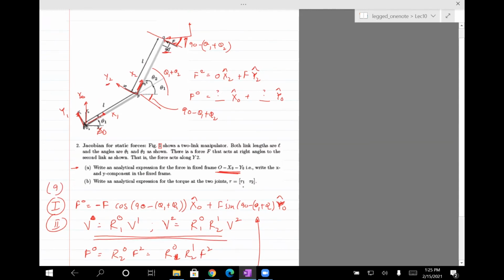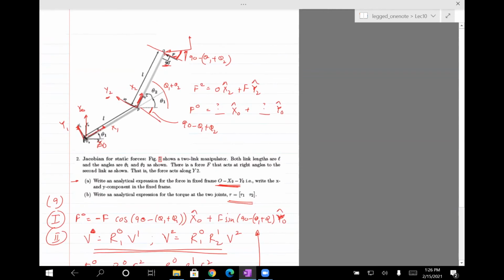Part B is asking for torques, which you can do, as you noted, by using a free body diagram. So torque 1 is going to be the vector r from O all the way to Q, crossed with the force, which now you need to write in the world frame.